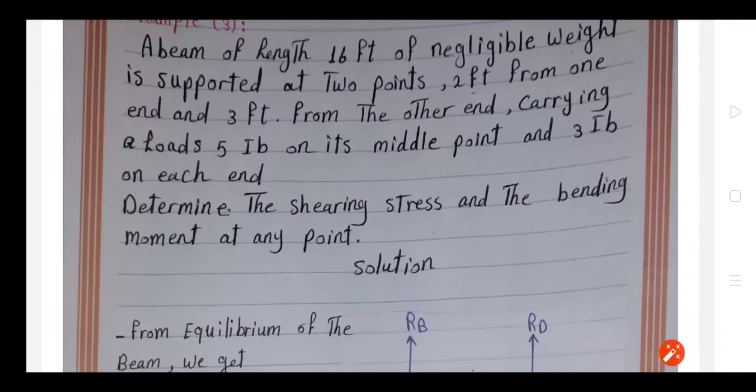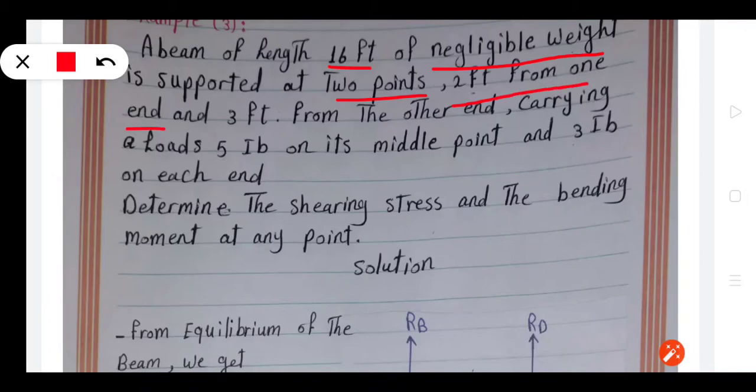Example 2. A beam of length 16 and negligible weight, which means the weight of the beam does not matter in studying equilibrium, is supported at two points, 2 ft from one end and 3 ft from the other end.